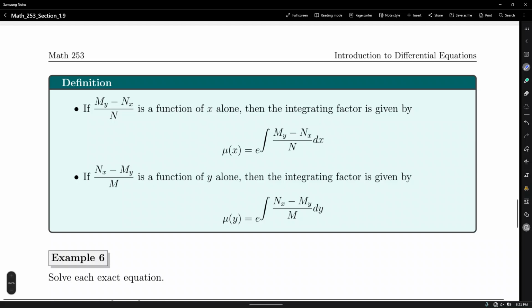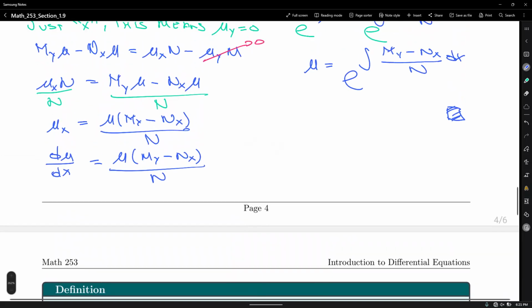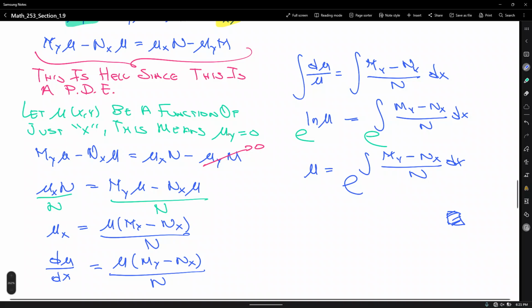So we need to check another alternative. Maybe it's a function of just y. You can derive this formula exactly the same way we did it here, however by setting mu of x equals 0, considering a function of y. Okay, how about we see an example of this?